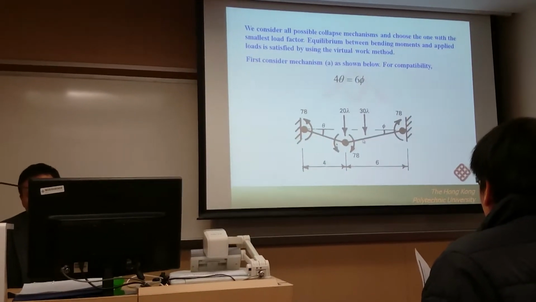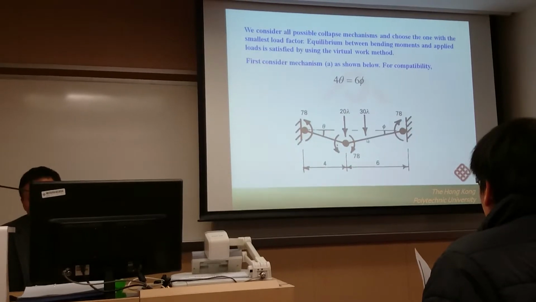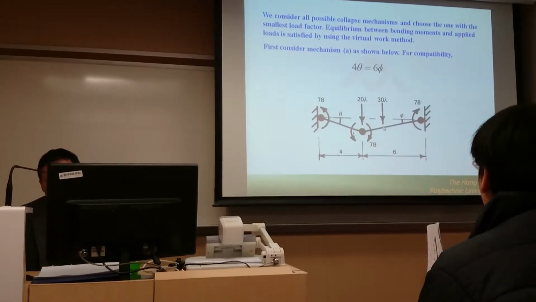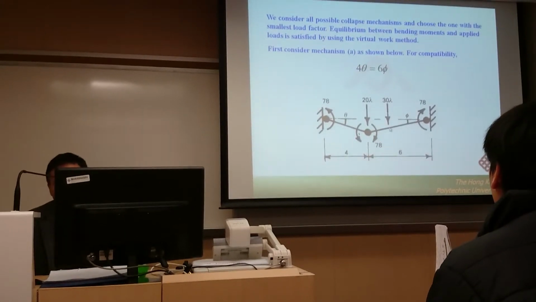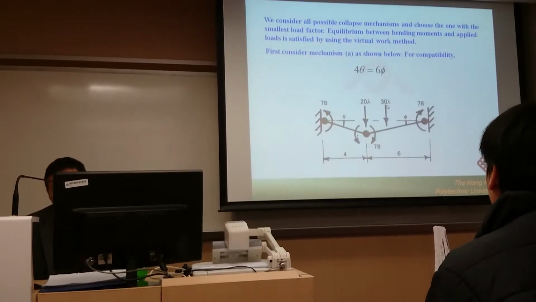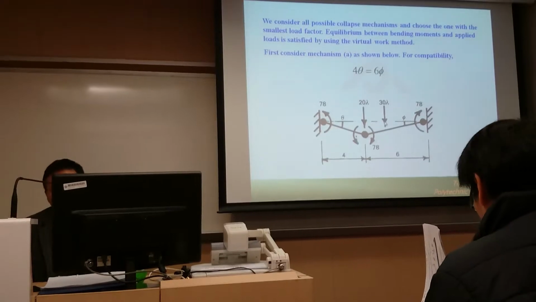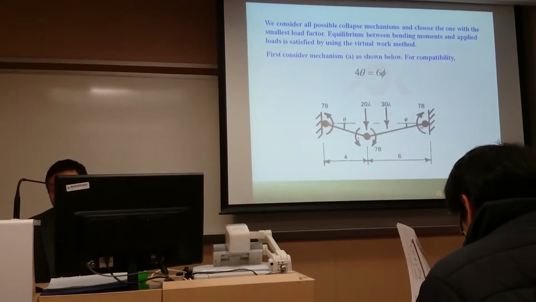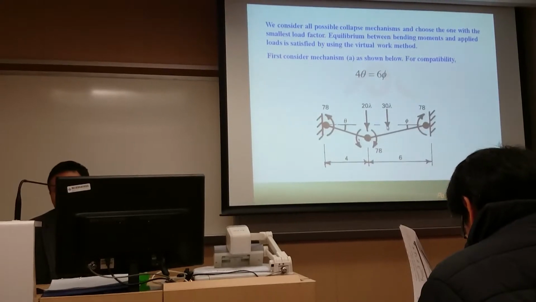Although the second force application location is not a plastic hinge, the force still has a contribution to the energy, because even for the rigid rotation, we still have a deflection here.